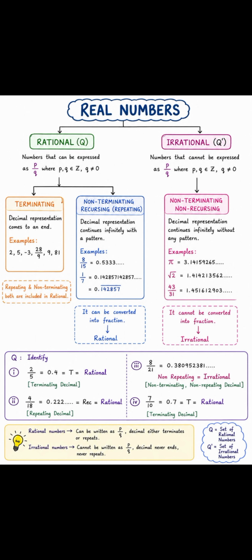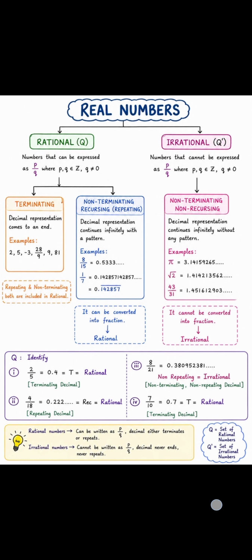Now, what are non-terminating decimals? Non-terminating decimals are those decimal numbers where the decimal representation continues infinitely with a pattern. For example, we have the number 8 by 15, and when we divide 8 by 15, we get the answer 0.53333.